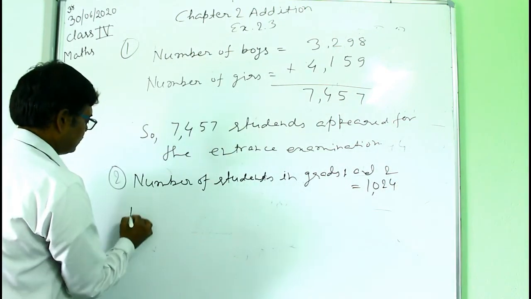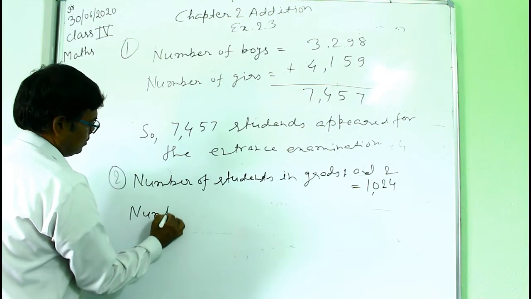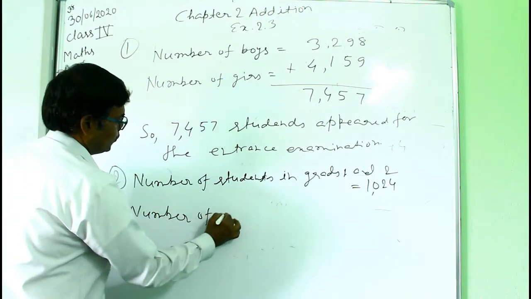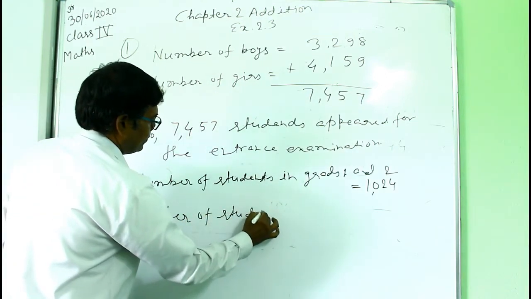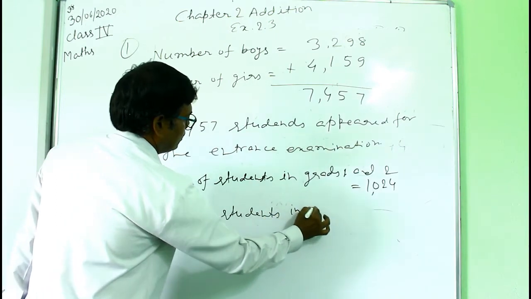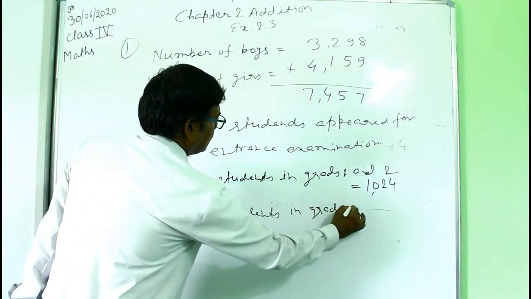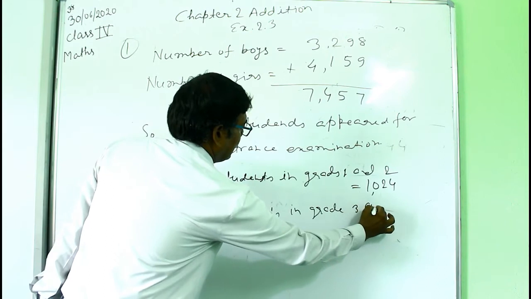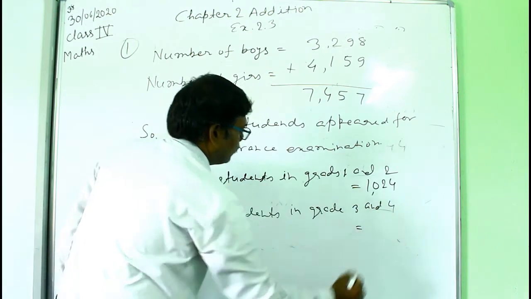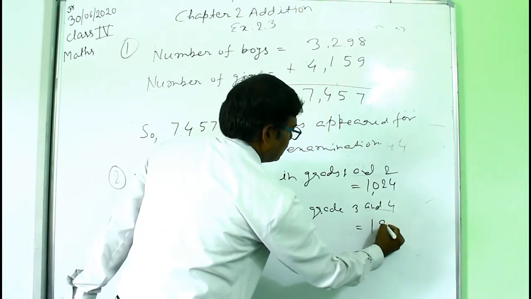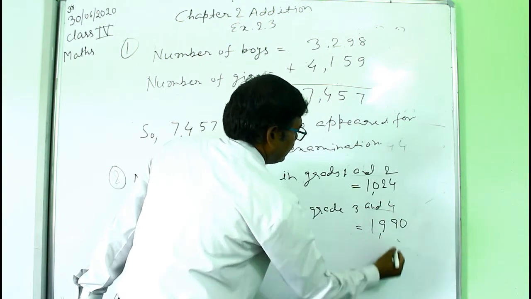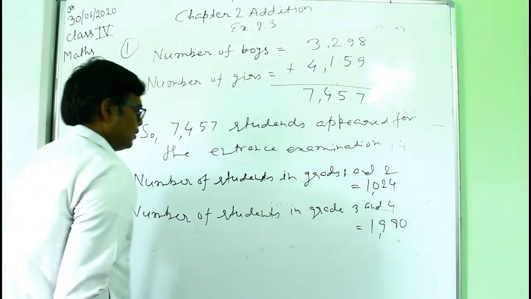And then write here the number of students in grades 3 and 4 equal to how much? 1,990. Then add the numbers.